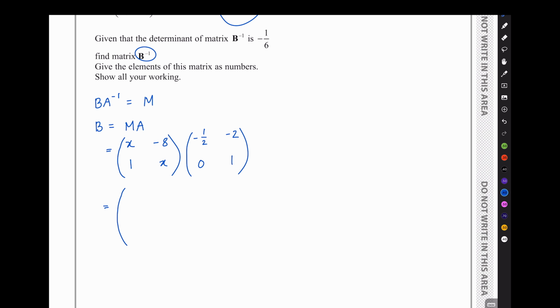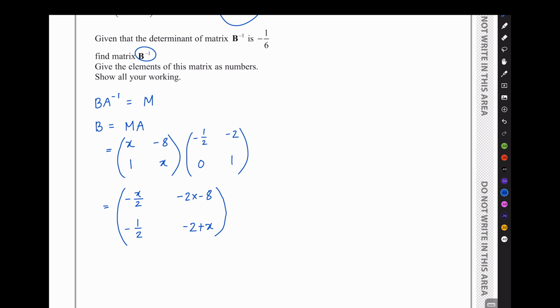This is the first term: -x/2, and then x multiplied by -2, and then -8 multiplied by 1. So 2x - 8. I'm going to do the same with this row and this column, and then again this row and this column. So -1/2, and then -2 plus x.